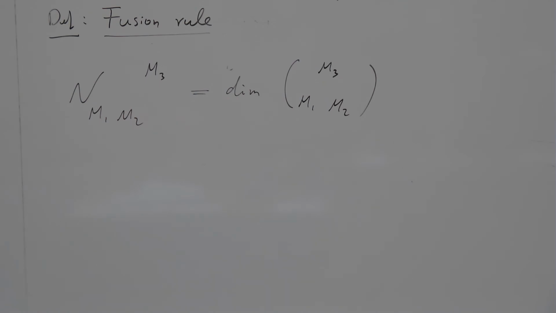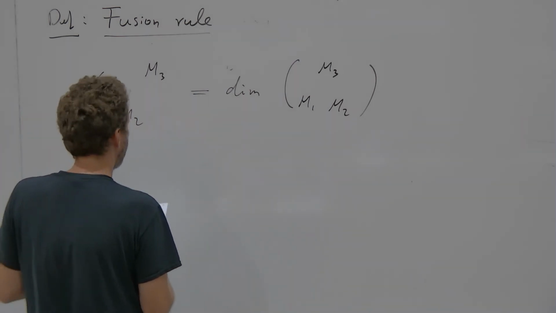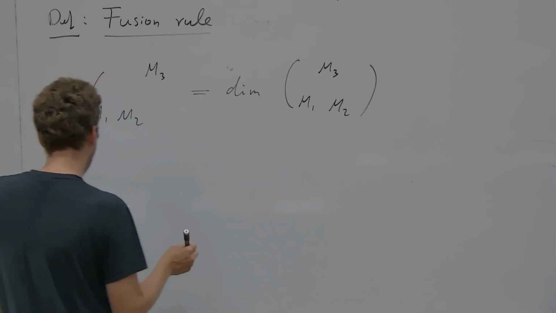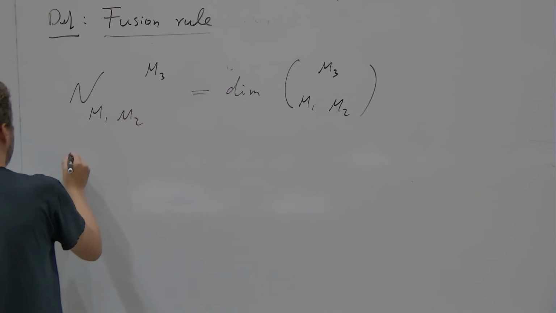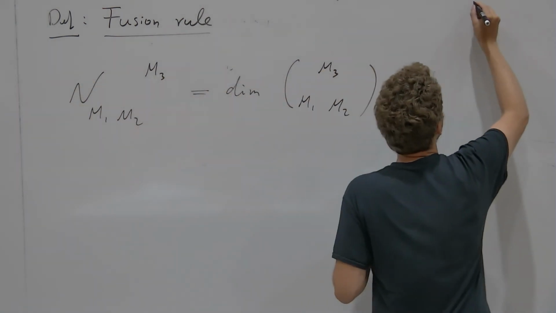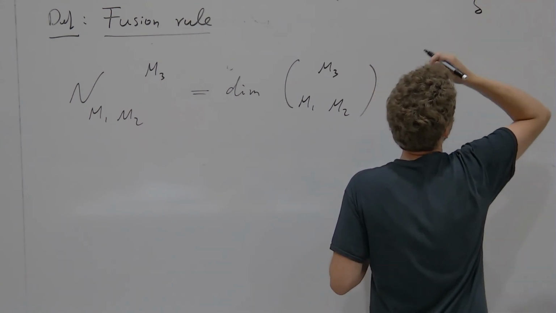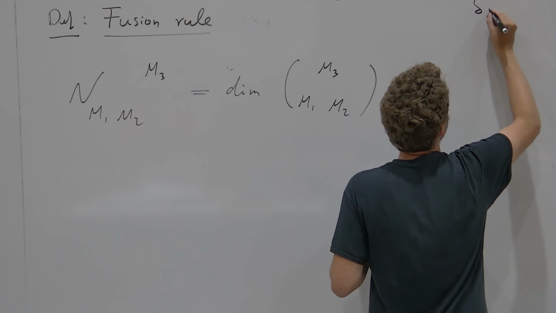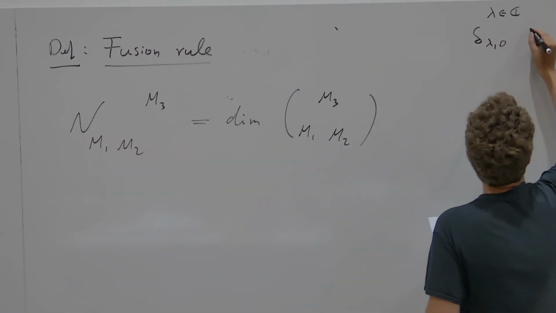Let's see what we can do. Let's do a computation. Let lambda be a complex number, and what do we have?